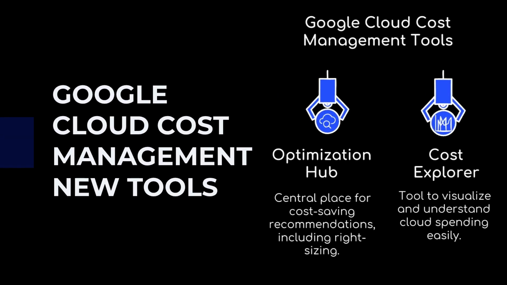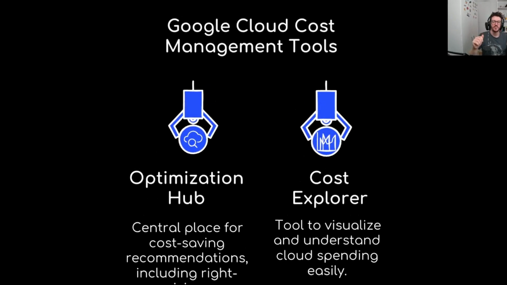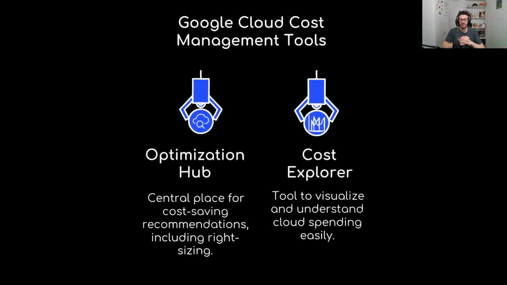The first thing that we have is the Google Cloud Cost Management tool. As mentioned, they have released in public preview the Cloud Hub and the Cost Explorer. So both of these tools serve different purposes. The Cloud Hub, we are going to show them in a minute, is basically a central place for all your FinOps-related stuff in GCP, which is, I think, a very powerful tool to start using right now that is in public preview.